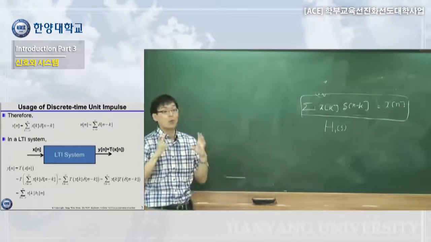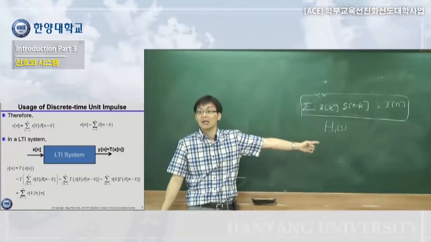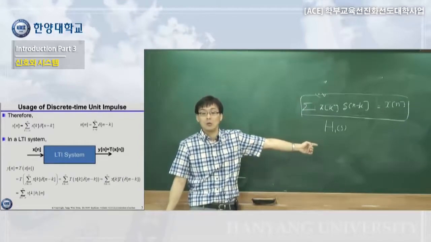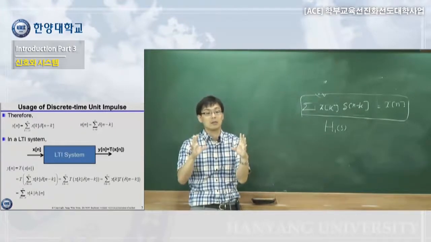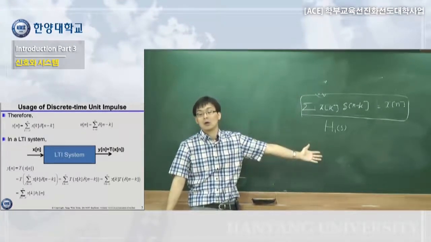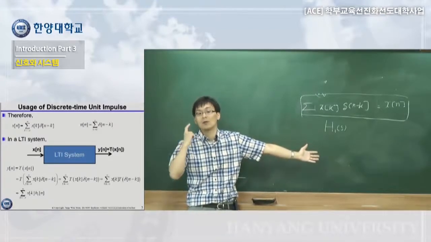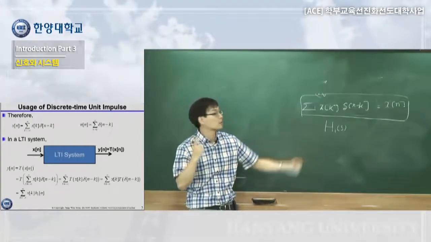We already know that our box can be represented as H. Why do we consider H? Why do we model those systems as H? Why do we call them impulse response? Impulse response sounds familiar, right? Why do we have those names? There's a reason.